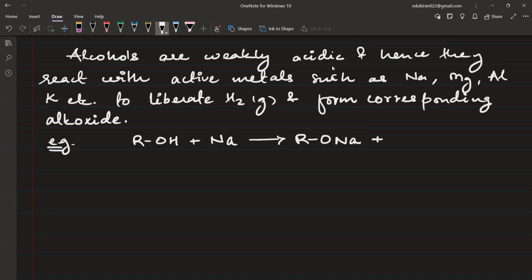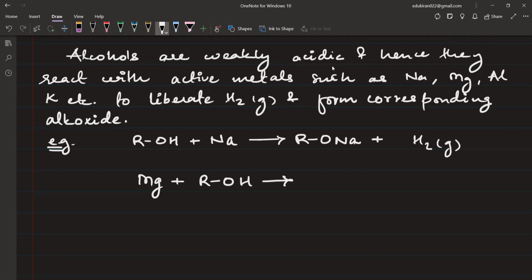Plus it is going to give you hydrogen gas. H2 gas will be liberated. RONa. Now, if I take, for example, magnesium and I react this with alcohol, please remember what is the valency of magnesium?